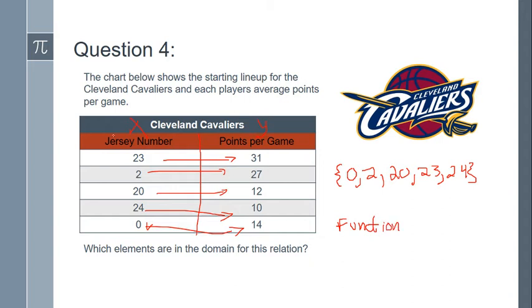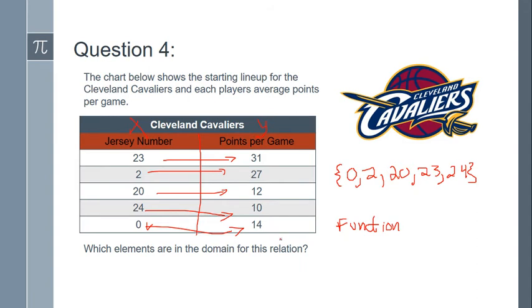So when you're looking at ordered pairs, or an X and a Y like we are here, or a table, the real quick and easy way to guarantee that something is a function is just to make sure that all the X values are different. Let me repeat that because you really need to pay attention to it.